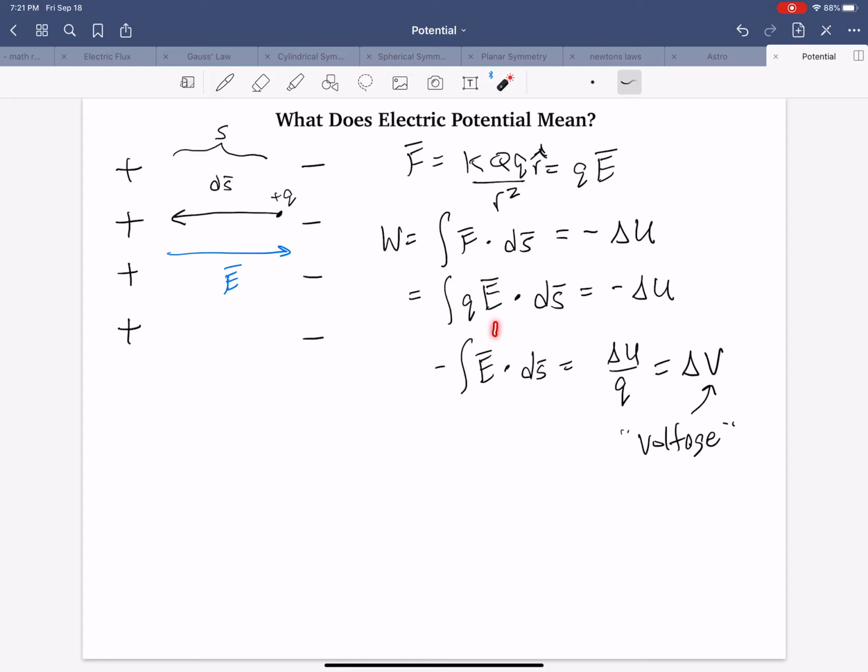We can change the magnitude of this electric field, and thus we change the amount of delta U. So, not quite the same. But hopefully this gives you a sense of what the voltage is. It's a tendency for a particle to be accelerated in an electric field, and hopefully shows you that this minus sign is essential.